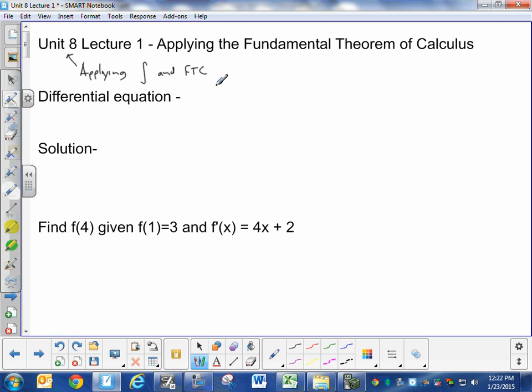So let's remember, a differential equation is just an equation with a derivative, almost like a bunch of initial conditions, including an equation with a derivative.